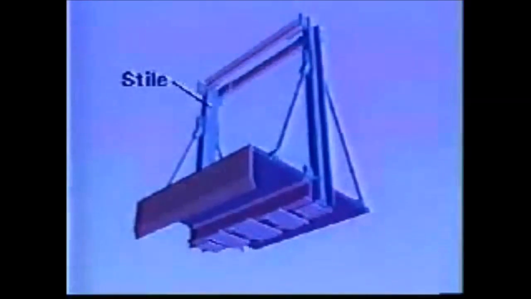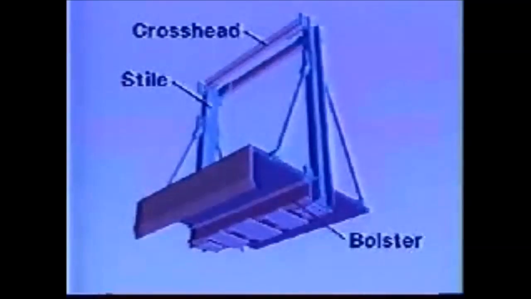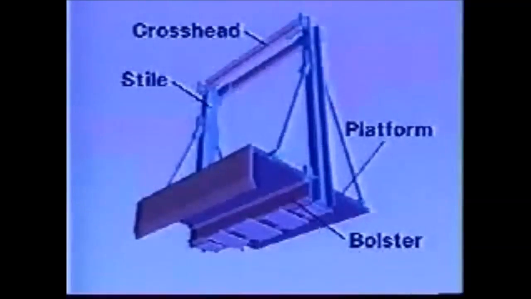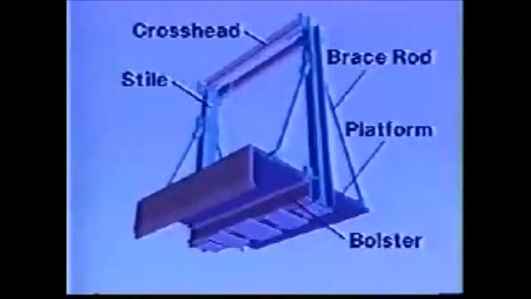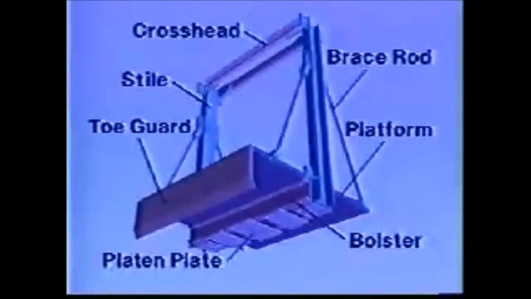An elevator is a moving car. The car is made up of many parts, such as the uprights, crosshead, bolster or safety plank, platform, brace rod, toe guard, and platform plate.